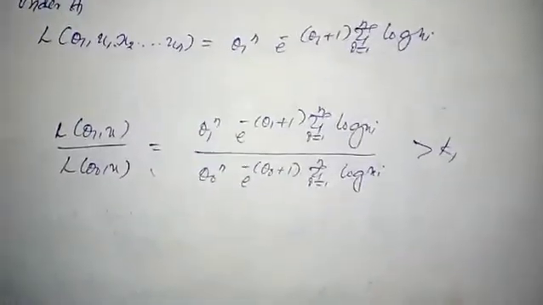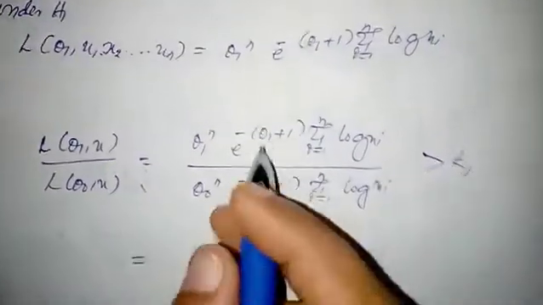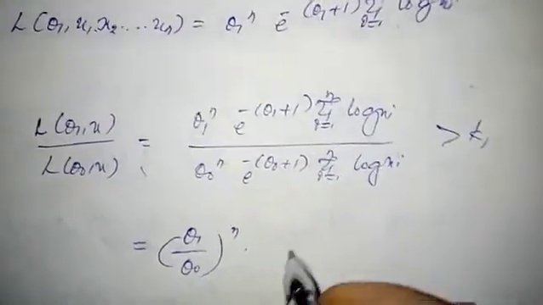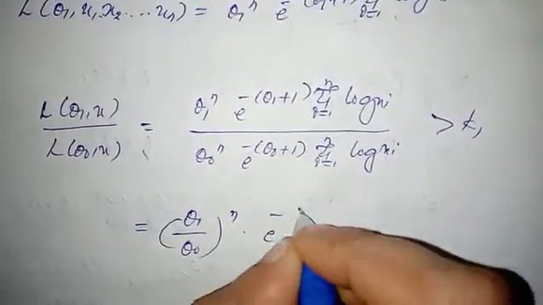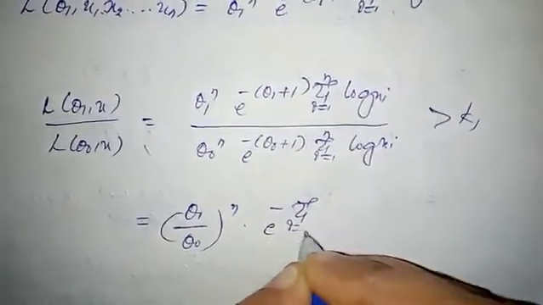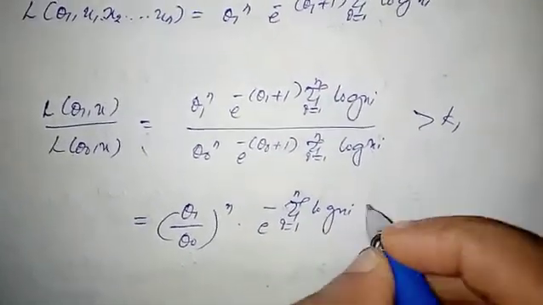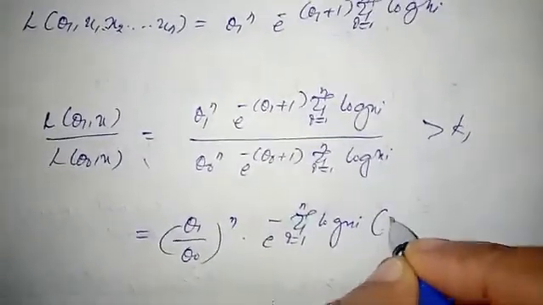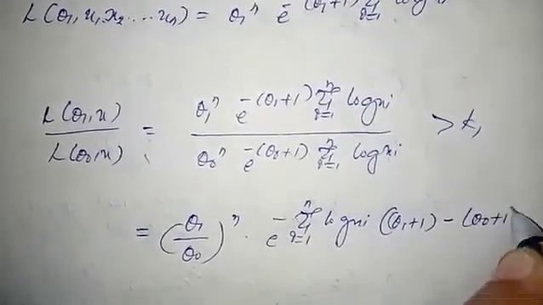Then we can reject the null hypothesis, which implies we can write this term as theta 1 divided by theta naught power n into e power minus summation i = 1 to n log xi into theta 1 plus 1 minus theta naught plus 1, okay, which is greater than k1.